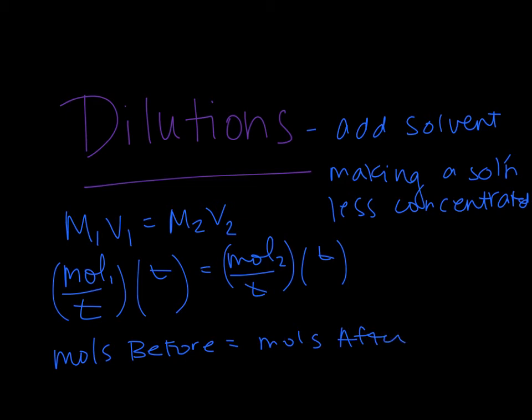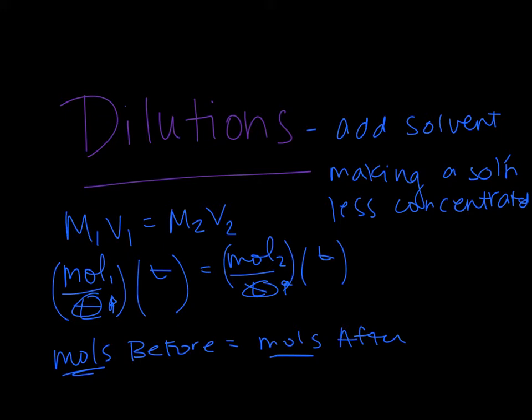And that makes sense, because if you have a container of salt water and you add water to it, the number of moles of salt isn't changing. So the moles stayed the same throughout the whole dilution. The only thing that changed was the volume. And so it made it less concentrated because the volume in your molarity went up, and so it makes the whole molarity come down.